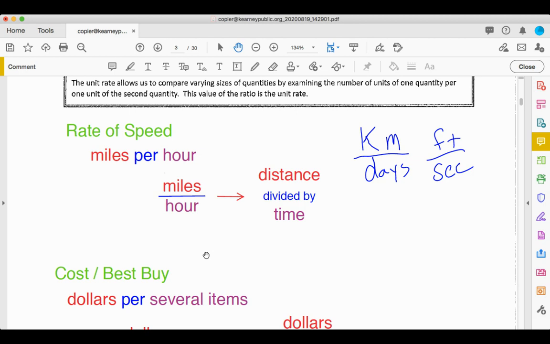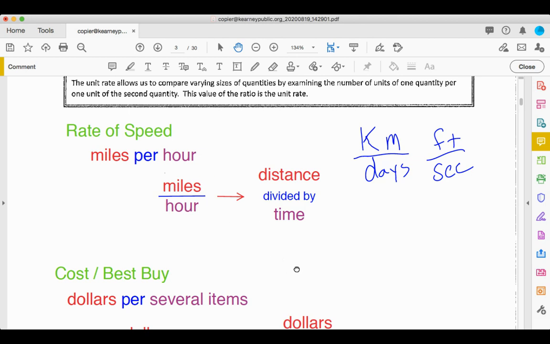Could be several items. Could be $12 for 4 pounds of whatever. Could be $30 for 20 masks. Okay? Now, when I'm comparing, if I'm at Target and I see a sale price, and I'm at Walmart and I see a sale price, I want to know which one's the better deal, right? What we're going to do is find that unit price.